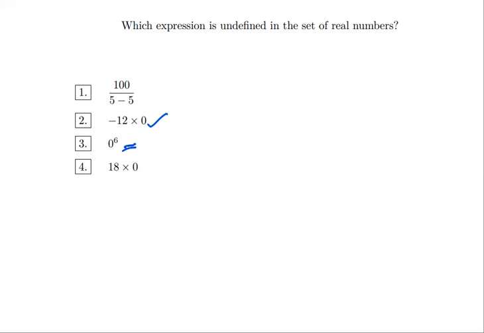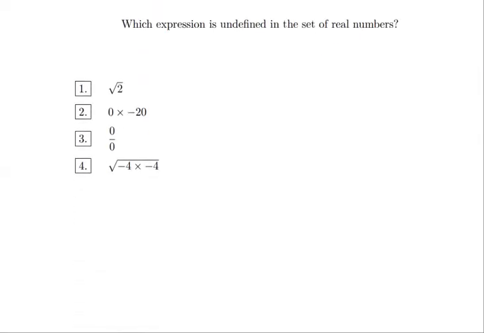So that's defined. And 18 times 0 is defined because any number multiplied by 0 is defined. However, 100 divided by 5 minus 5 is 100 over 0. So this one results in a division by 0. So this expression here is undefined.